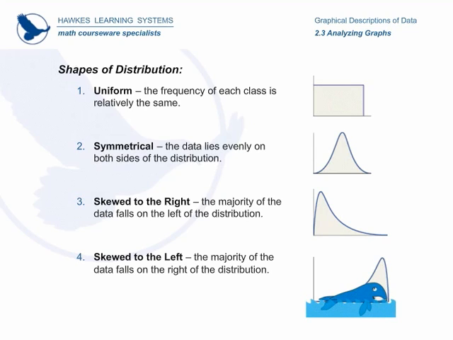Here the majority of the data falls on the right of the distribution, so we see the higher peak of data to the right, and then it tails off to the left. That's where we get the term the tail of the data, the diminishing portion of the data.